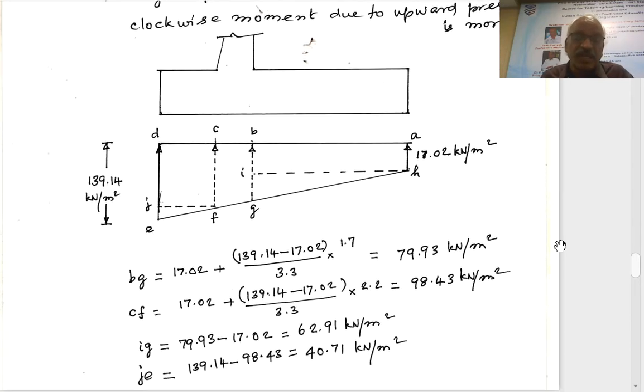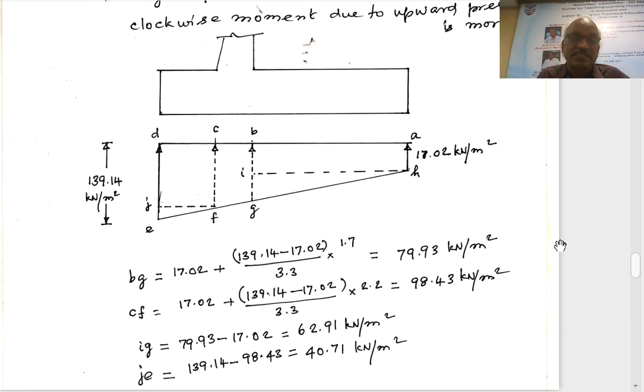That is, the ordinate CF equal to, right hand side 17.02, left hand side 139.14. So 17.02 plus the increase, which is 139.14 minus 17.02. That increase is for a length of 3.3 meters.